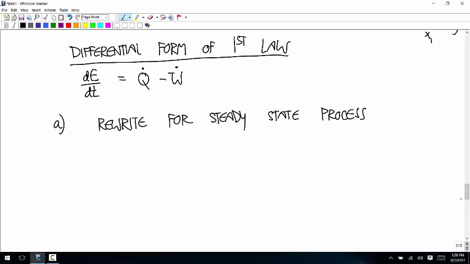If you don't have any changes in the properties, then the time derivative of the energy is 0, and you get 0 is equal to the rate of heat transfer minus the rate of energy transfer by work.